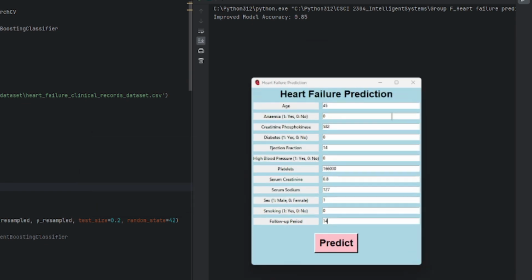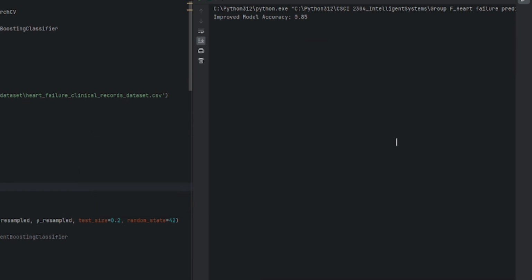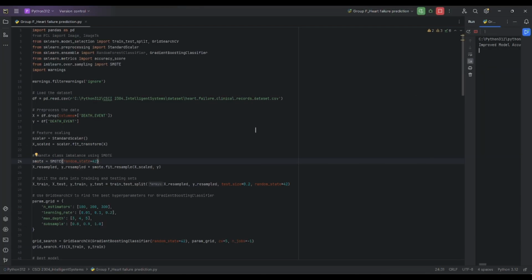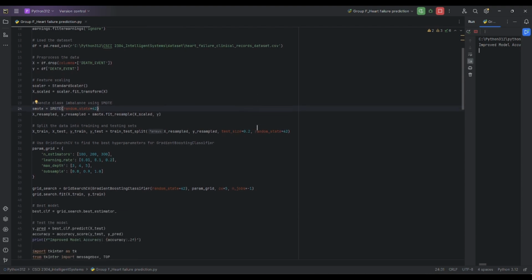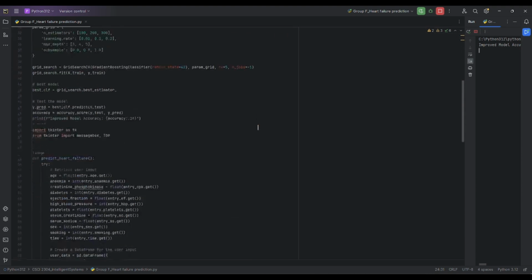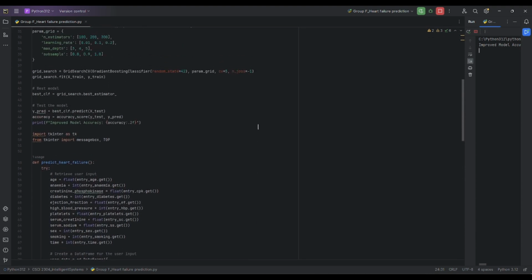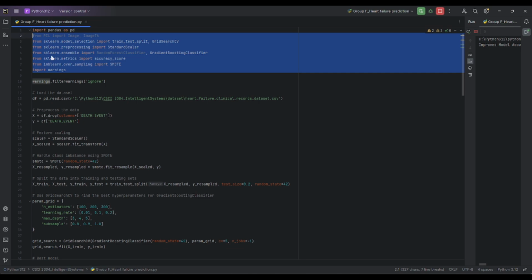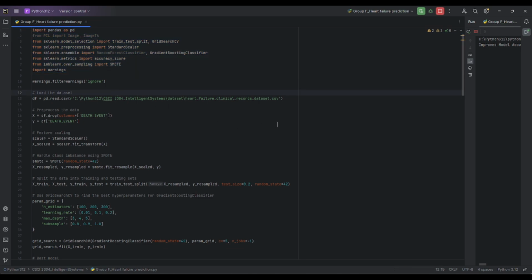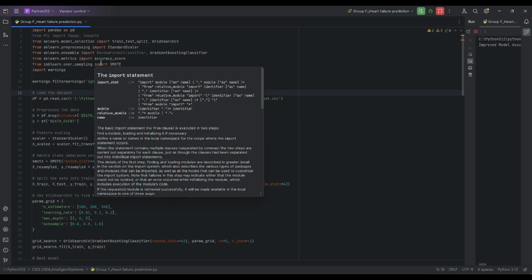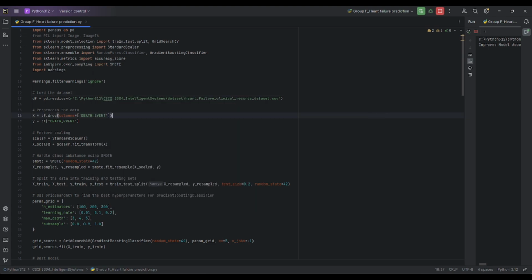So next, let's see our coding for this system. Okay, so there are two parts to our prediction system: the first one is the model, the algorithm itself, and the second one is the GUI part. First, we import all the libraries that will be needed, such as pandas, sklearn, and imblearn.